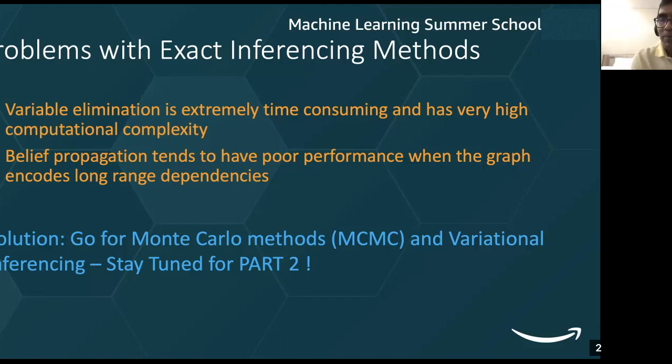So that's where we come across the need for a different approach towards performing inferencing on Bayesian networks, and two possible solutions emerge: Monte Carlo methods such as Markov chain Monte Carlo sampling, and the second approach being variational inferencing. Both of these will be discussed in greater detail in part 2 of this presentation.